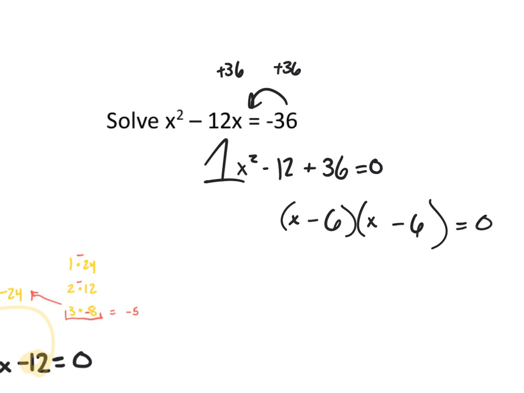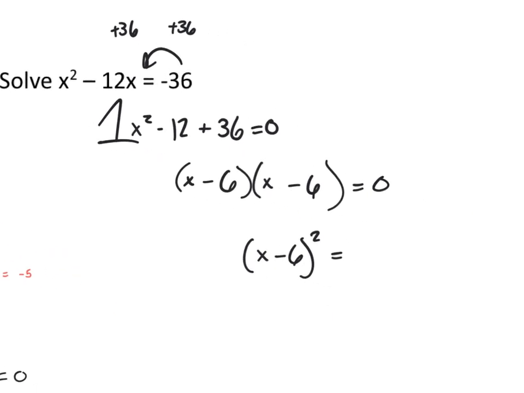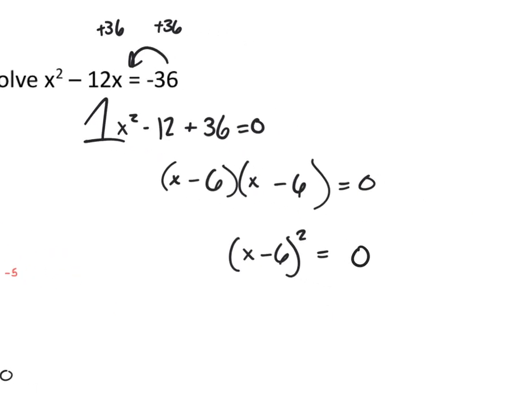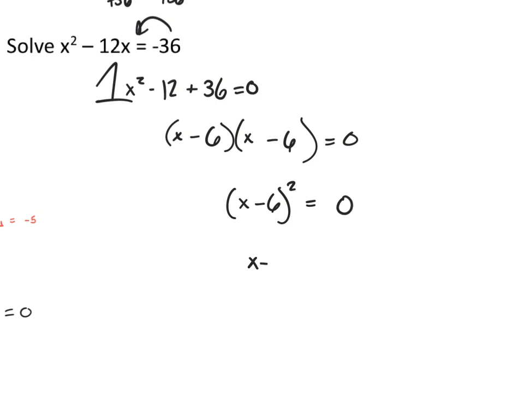It'd be minus 6 and minus 6. This was one of those special cases that would be the same term twice, so we could call it x minus 6 squared is equal to 0. So that means when I go to use the zero product property, I only will get one answer.